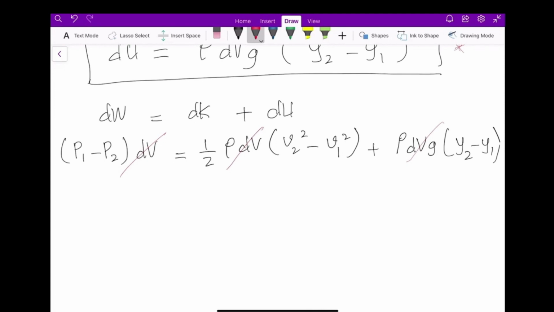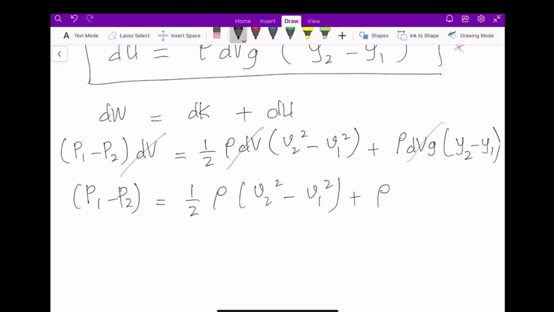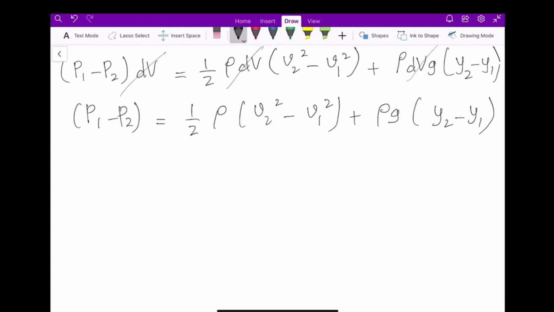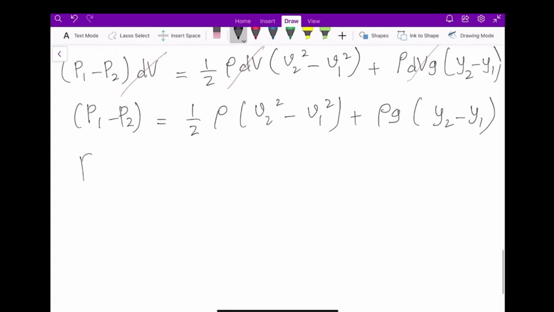We can simplify the equation: P1 minus P2 equals 0.5 rho (V2 squared minus V1 squared) plus rho g (y2 minus y1). Then, by simple rearrangement.